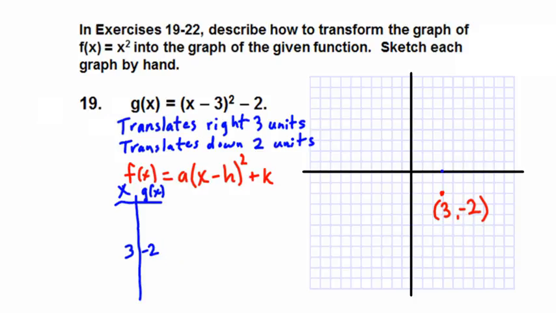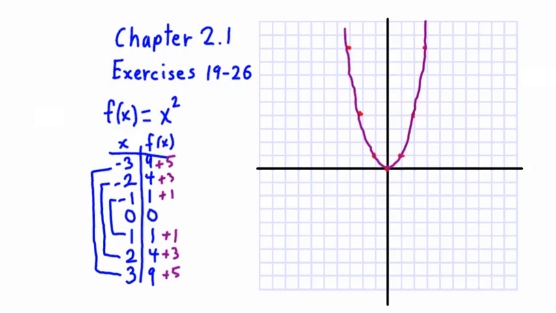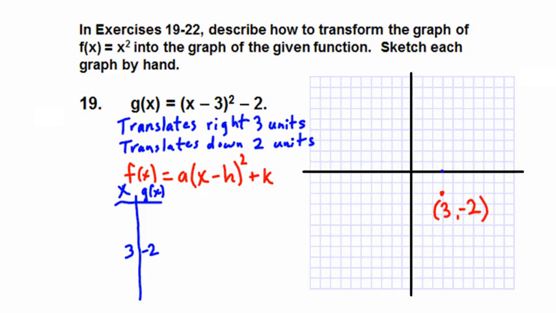And then we have a equal to 1, so we just have the plus 1, plus 3, plus 5, on both sides. So we have 3, and then the points after 3 are 4, 5, 6, and going to the left of 3 we have 2, 1, and our y-intercept is 0.